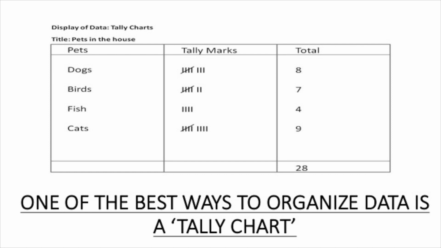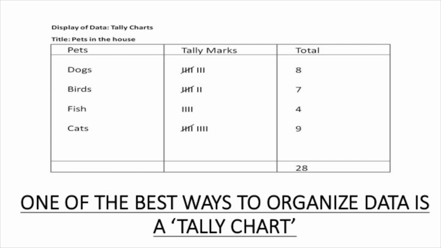And then 6, 7. But how many fish? 4. So we haven't got our tally mark to go across yet because we haven't reached 5. 1, 2, 3, 4. And how many cats? 9. A tally mark of 5 plus 4 more tallies. 5 plus 4 equals?